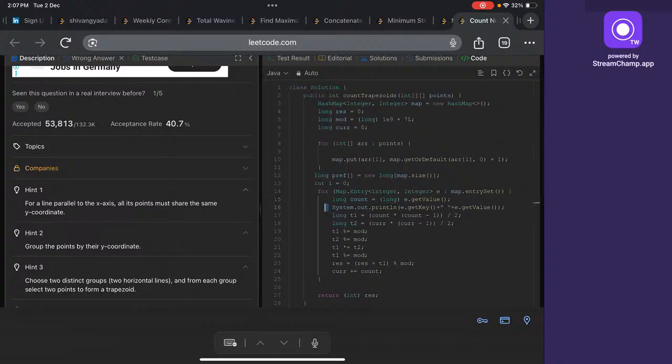Okay, I will add it to the prefix value. Prefix of I equal to current count, mod. Okay, remove this line.